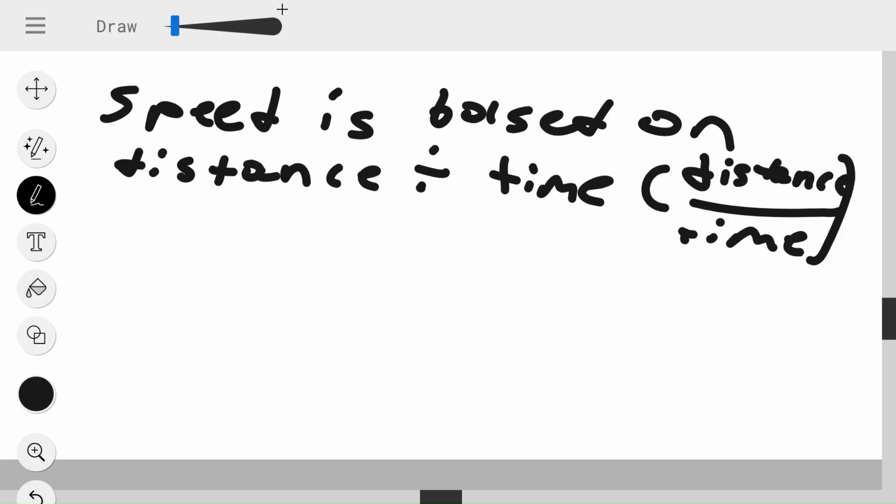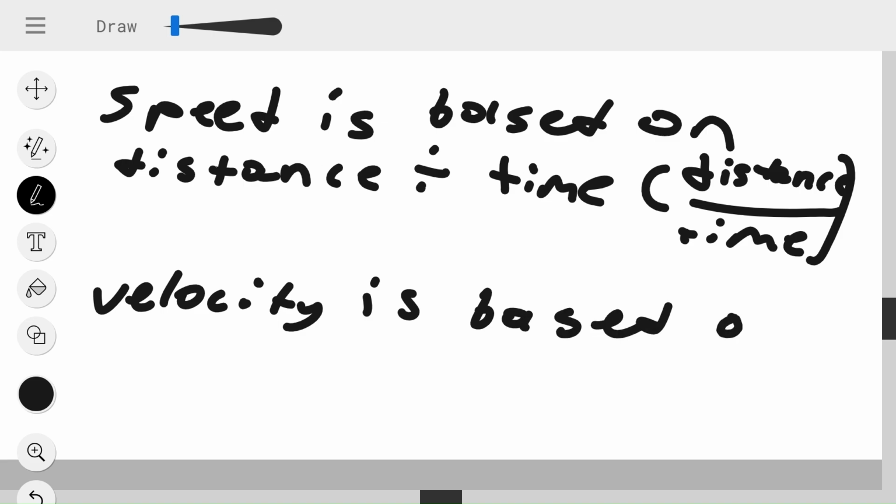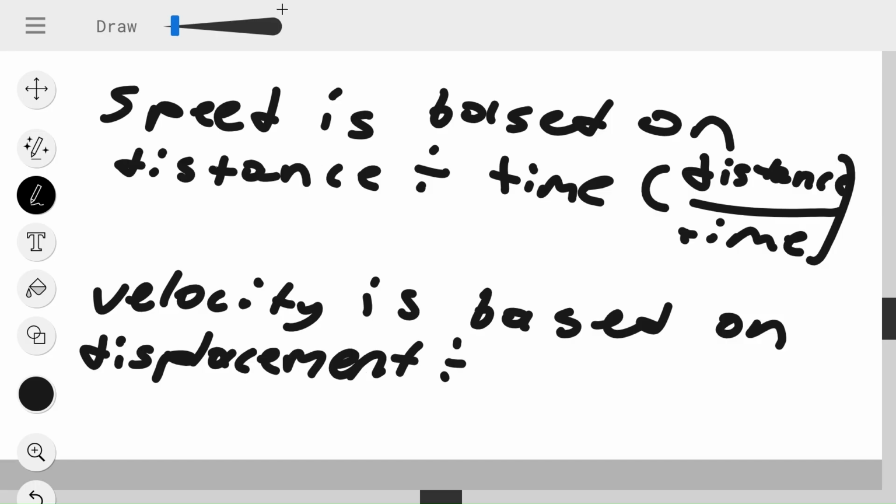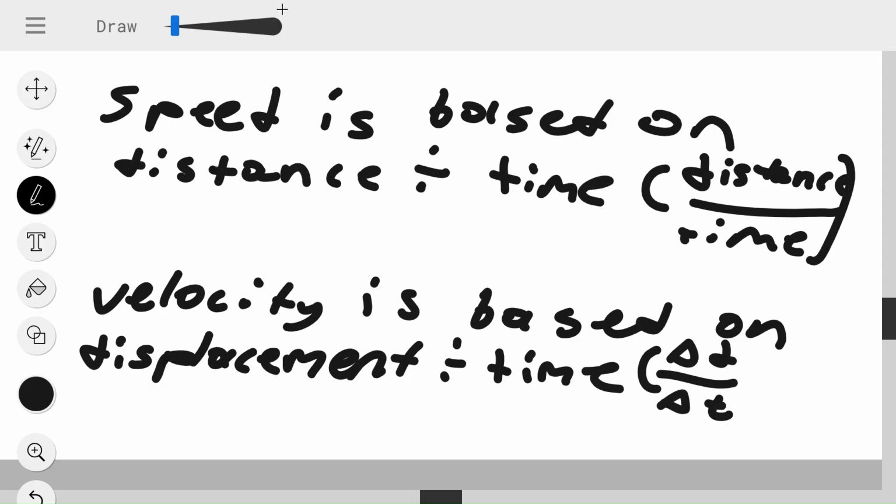Velocity is based on displacement divided by time. Basically, delta d over delta t. Delta d is displacement. Delta d and distance aren't the same. Delta t and time are the same, though. This connects back to what we learned about distance and displacement.